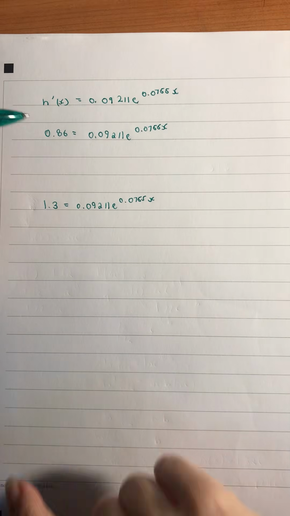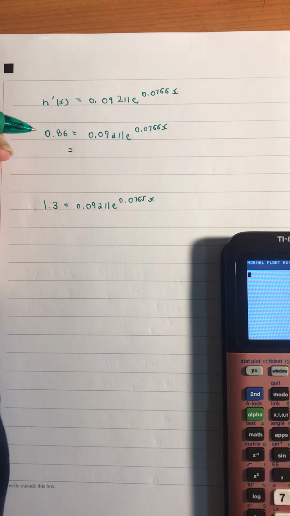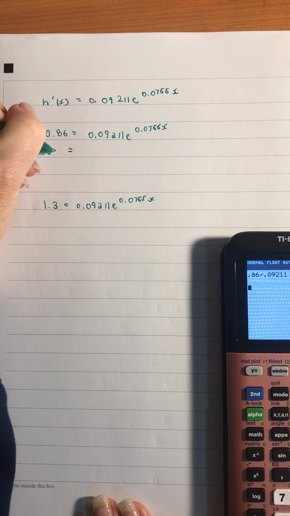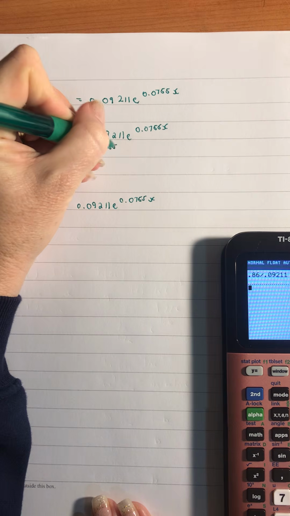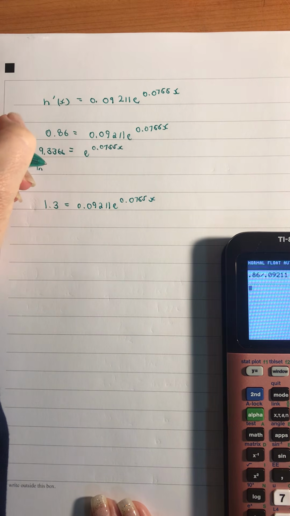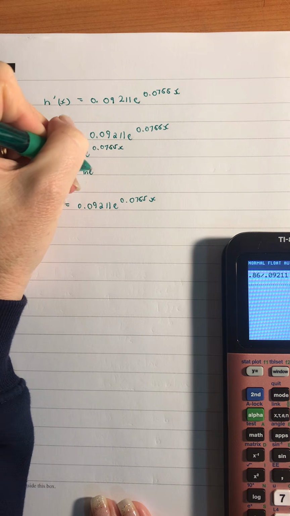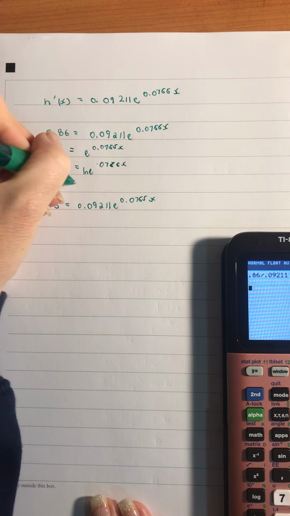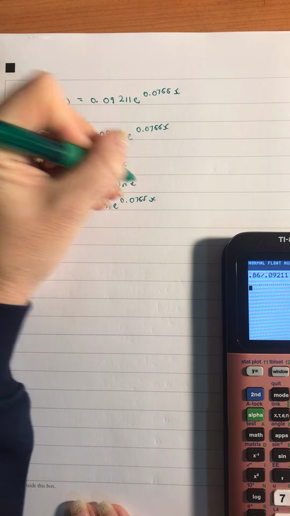Solving those, we can do our 0.86 divided by 0.09211, and we get 9.336 is e to the 0.0755x. We can do the ln of both sides, ln e to the 0.0755x, bringing down the 0.0755x.